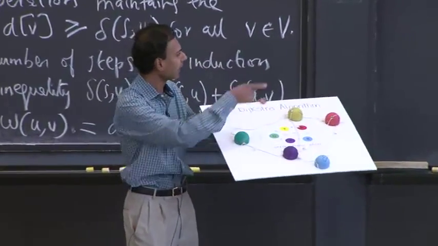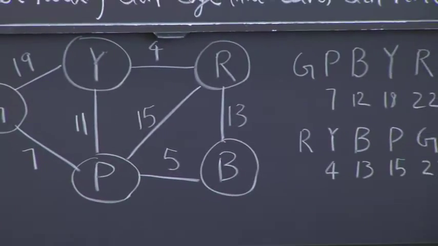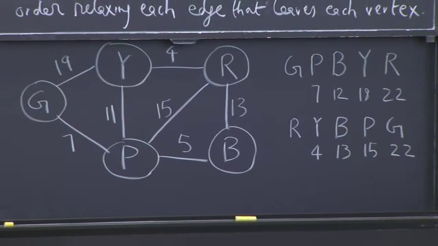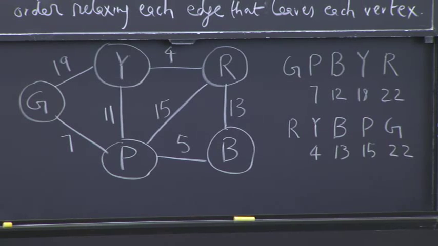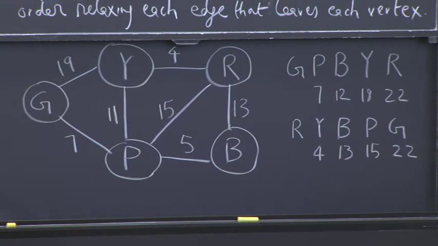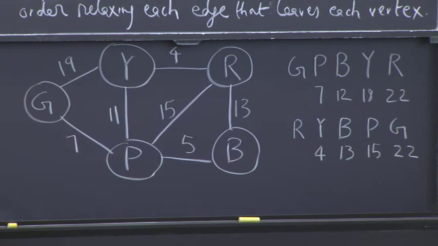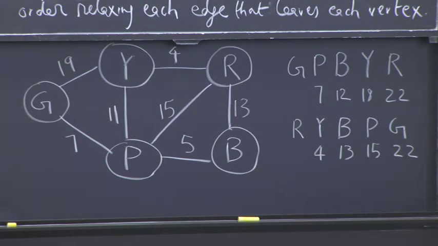I wrote the values there. If the green ball is the starting vertex, then the shortest path to the purple vertex P is 7, and that's the closest node to G. The next closest node is the blue one, B, which is 12, 7 plus 5, and so on and so forth.